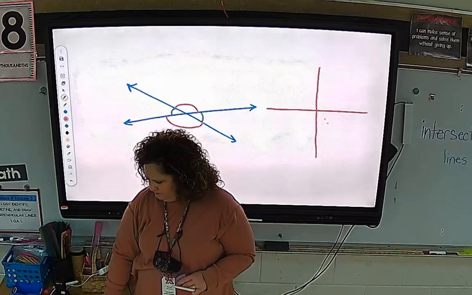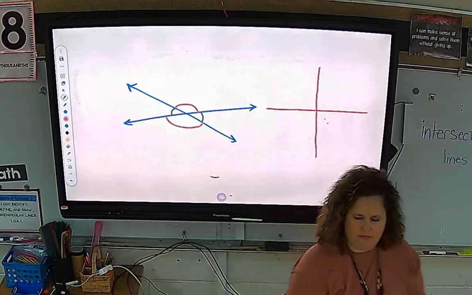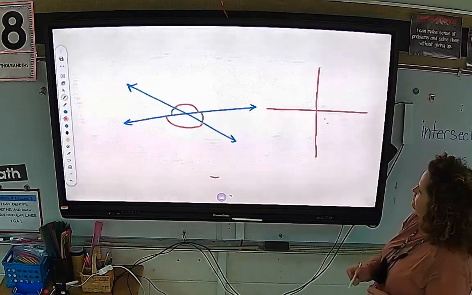So, the symbols. Let me show you how to write that.